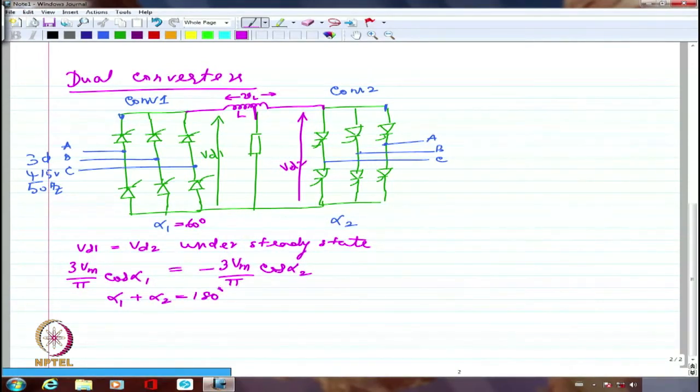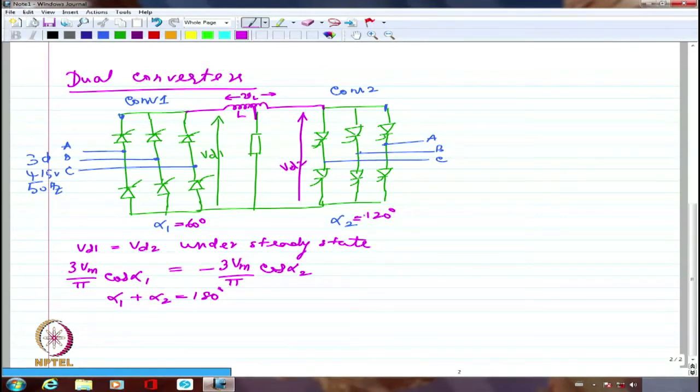So if one is going to be having 60 degrees, the other one should be having 120 degrees. So similarly 180 degrees and so on. So if I assume alpha 1 is 60 degree, I am going to draw the waveform for that. This has to be drawn for alpha 2 equal to 120 degrees. That's how it can be drawn.